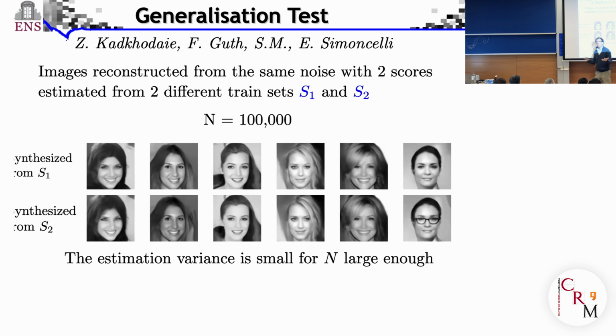But still, what these results show is that we need to take these things seriously. The neural networks are indeed estimating a score with a low variance, and this score is very reasonable in the sense that it is generating images which are images of faces.